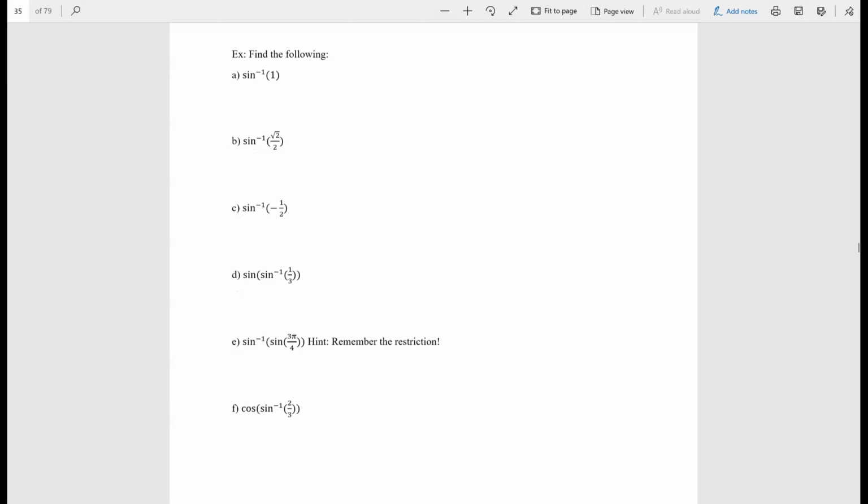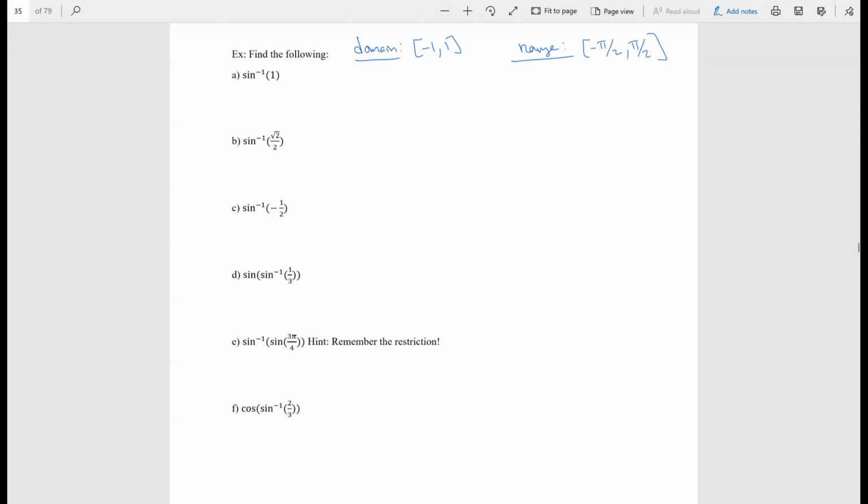So find the following. So remember here that for sine functions, the domain is -1 to 1, and the range is from -π/2 to π/2.